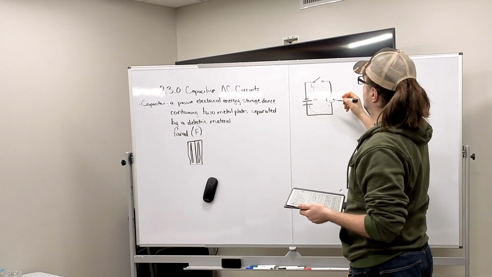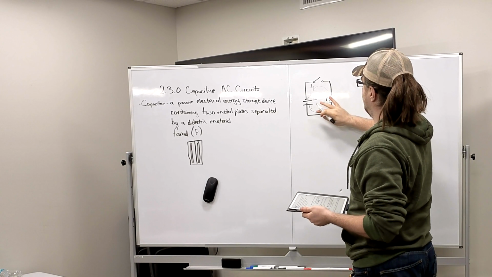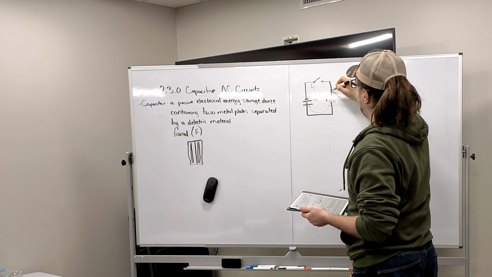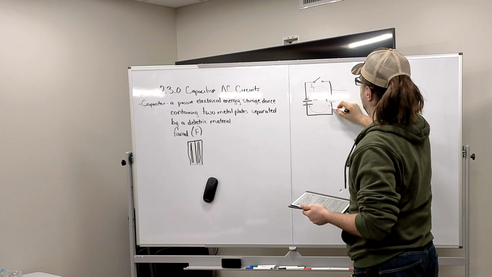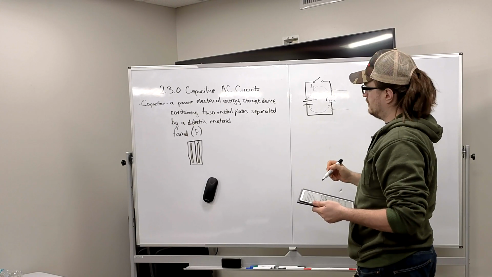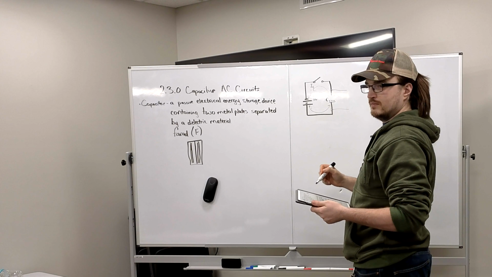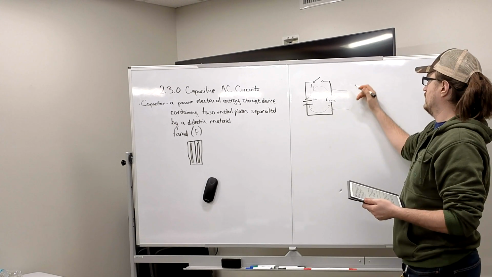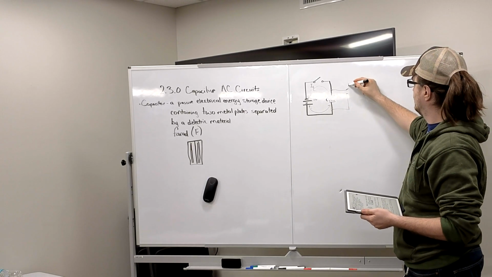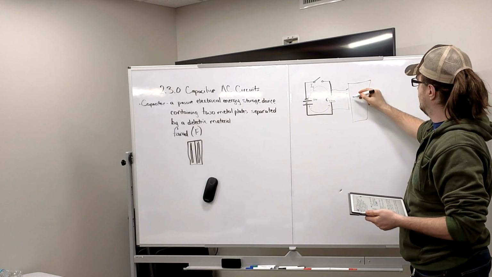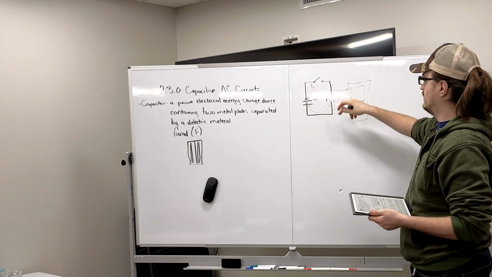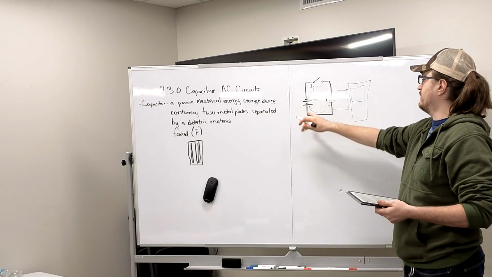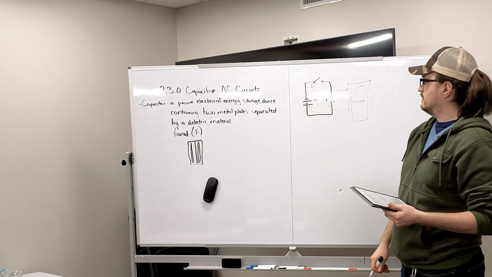Before the discharge, if you had no power coming in and you just had the capacitor holding its charge, and you put a meter lead here, what is the meter going to read?